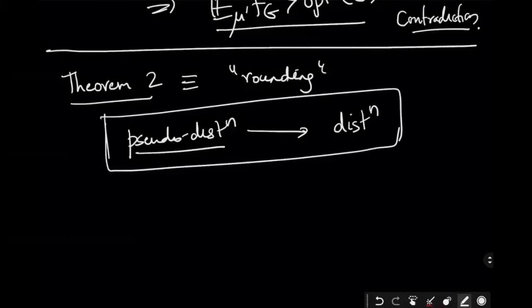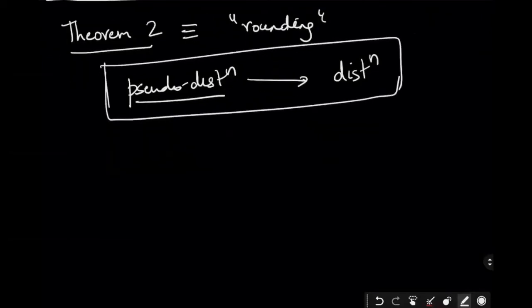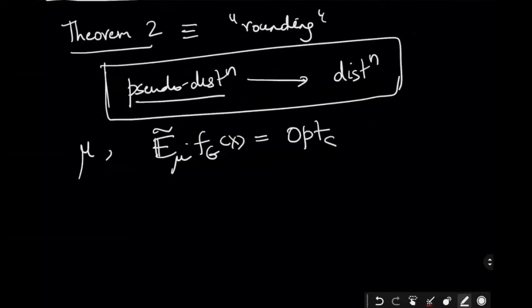Very good. Now in this context, you can interpret theorem 2 nicely. Suppose you have a pseudo distribution mu, and under it, this cut computing polynomial takes some value. Let's call this opt SOS2. The pseudo distribution is telling you that there is an opt SOS2 sized cut in the graph G. Now we are interested in finding such cuts.